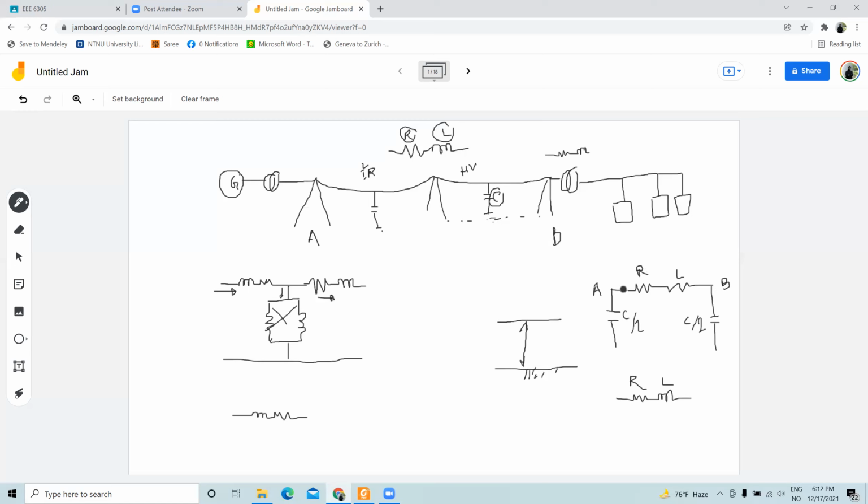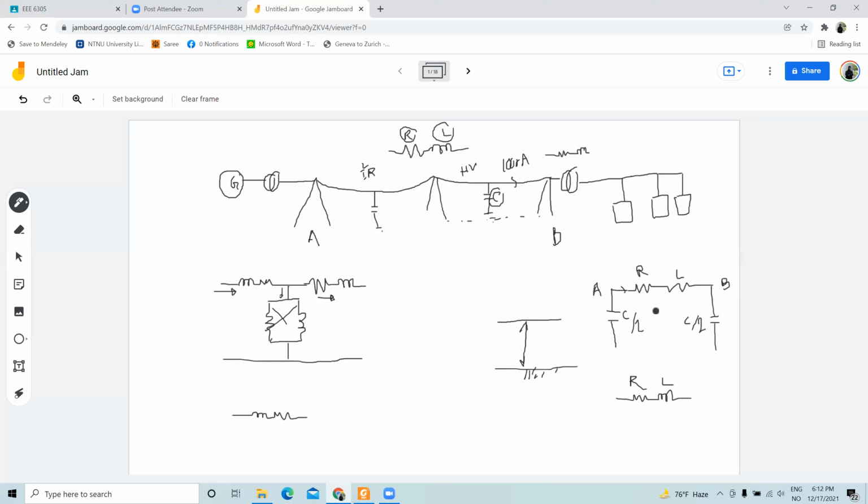If a current of 1000 amperes flows through this line, we can calculate how much power is lost in the line and how much voltage we get at the receiving end. So these kinds of calculations we can do easily.